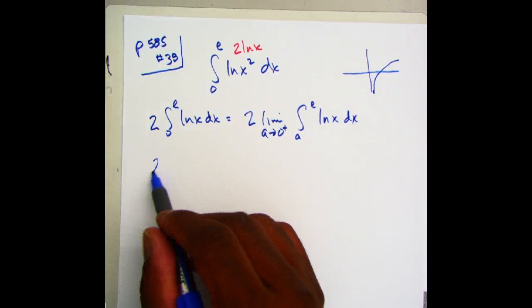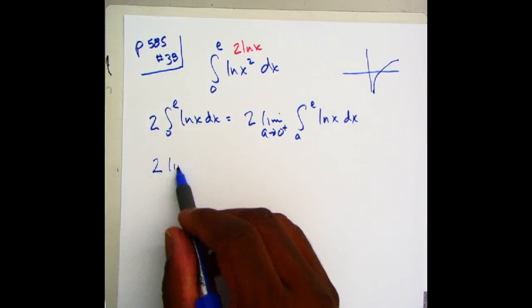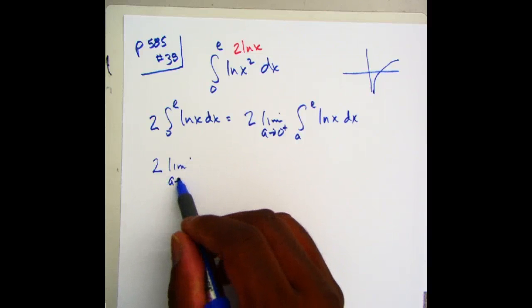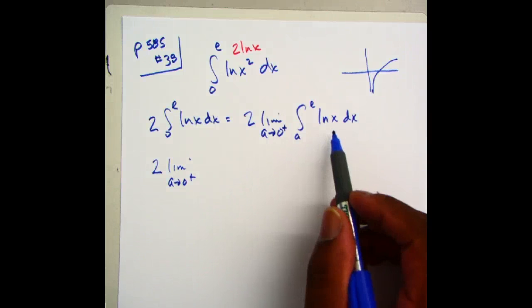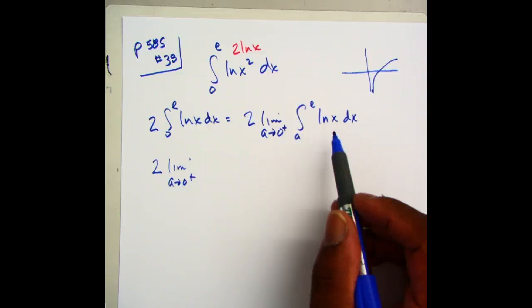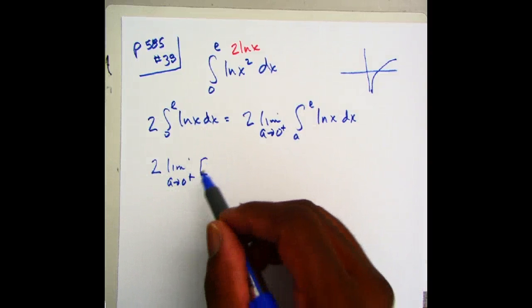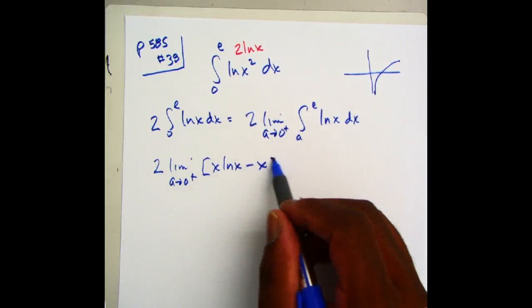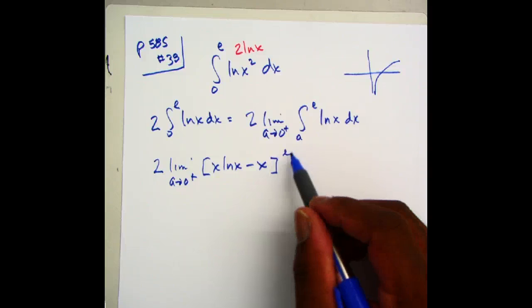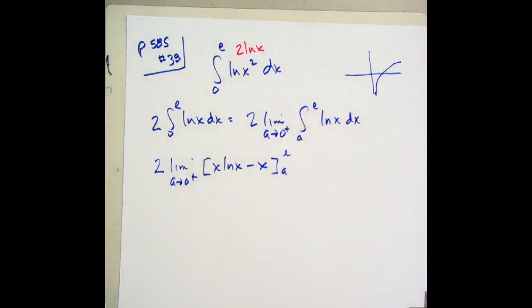So that's 2 times the limit as a goes to 0 from the right, and then the antiderivative of natural log of x is just what? Ooh, I'm impressed. That's awesome. So x ln x minus x, and we're going to evaluate that at e and at a.